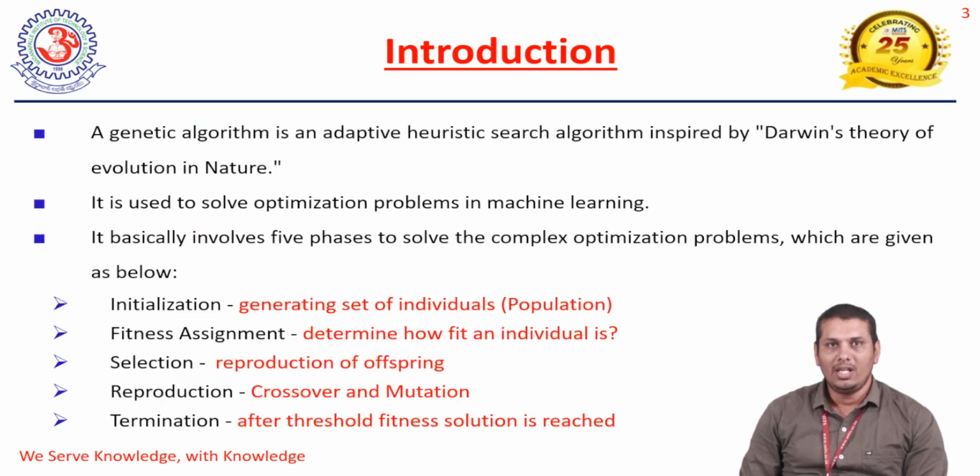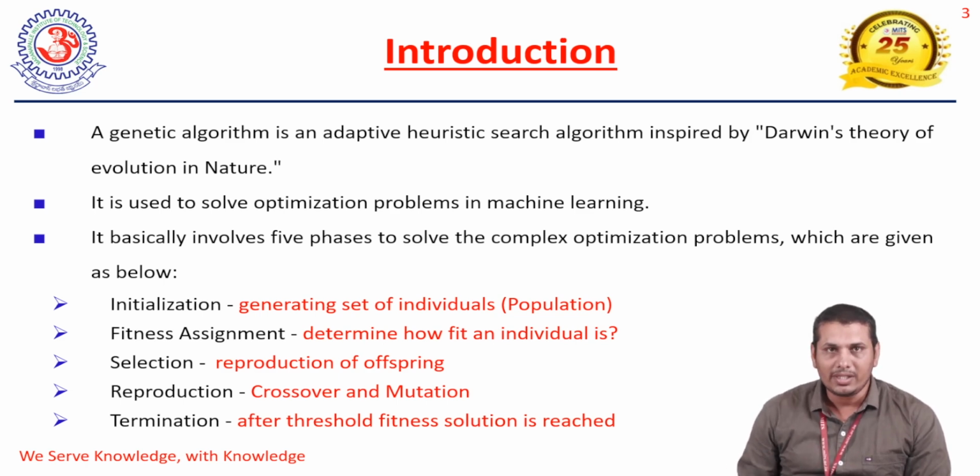Let us see what is meant by a genetic algorithm. This is an inspiration of a well-known scientist, Darwin's theory of nature. According to this theory, the real human lives have evolved from the monkey into human beings. In each and every stage, we can see how development proceeds in a real-time environment.